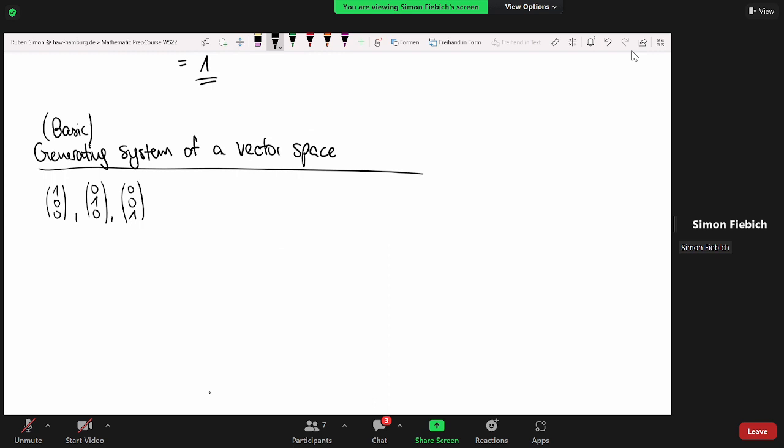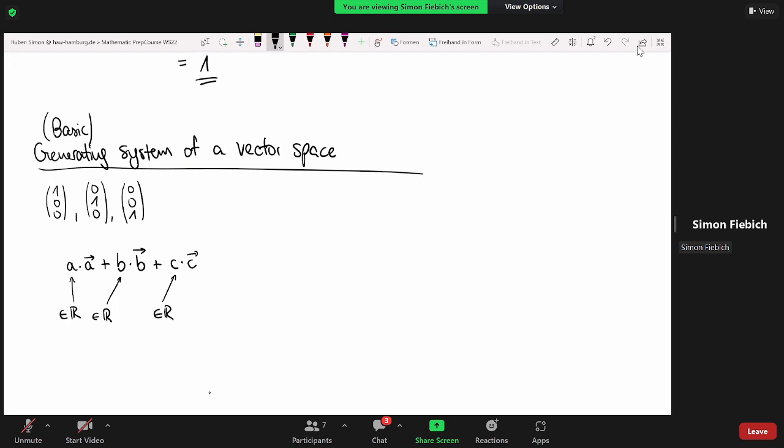So do you all know the linear combination? A linear combination of vectors means that you apply a real coefficient to each vector, to the elements of the vectors, and then you can add them together.